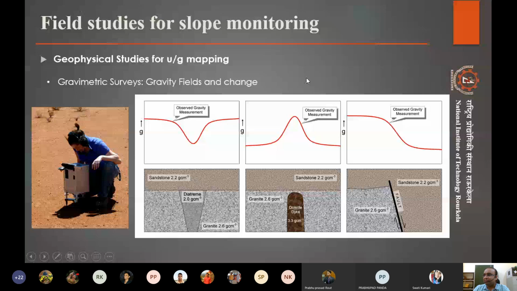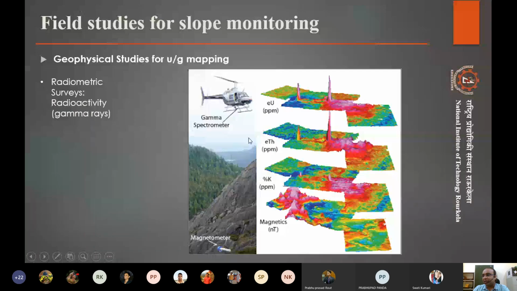And finally, there is radioactivity measurement, like gamma measurement. In terms of radioactivity, materials like potassium, thorium, and uranium emit a certain amount of gamma particles, and they can be detected.